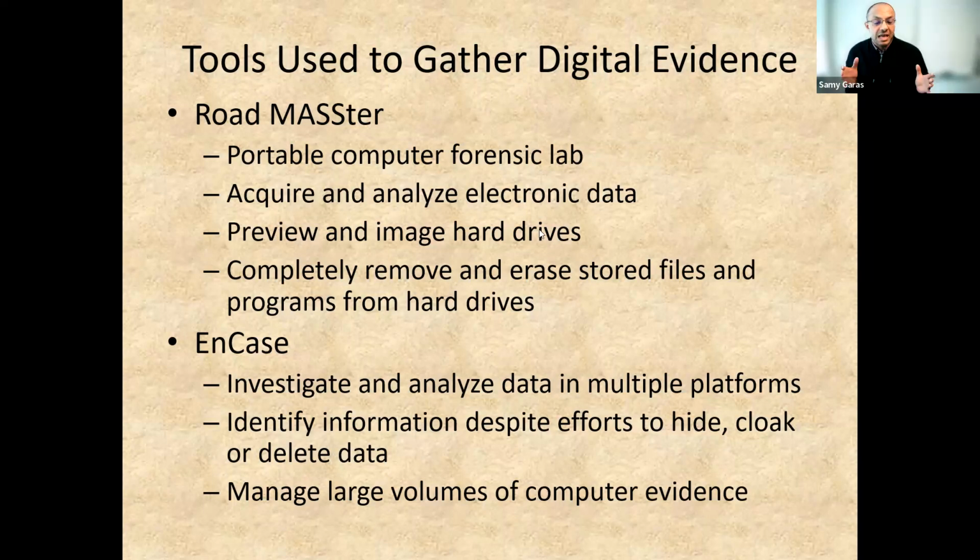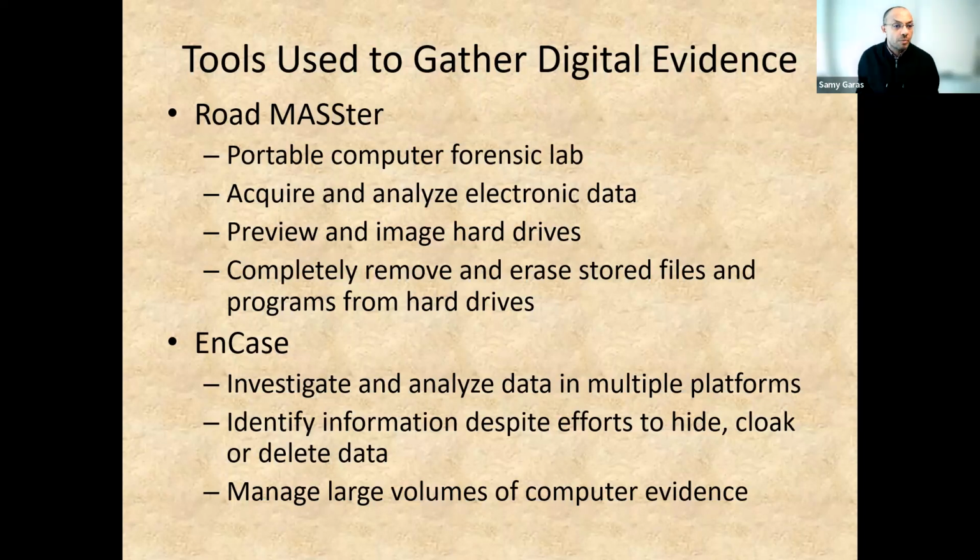Roadmaster is what we call a portable forensic lab. So instead of taking all the equipment from the organization, whether computers, iPads, cell phones, smartphones, or any other devices, to the lab to get the information and bring it back, we bring our lab, which is a computer on a wheel, that we can take and analyze everything.